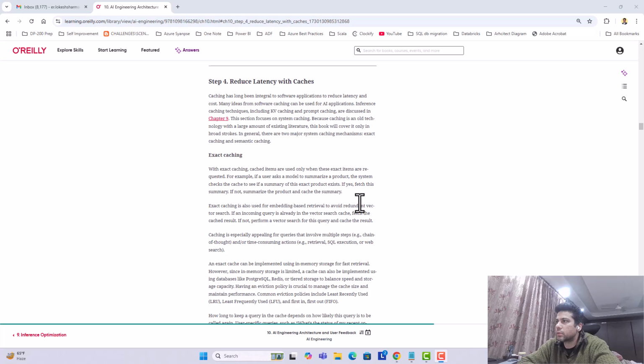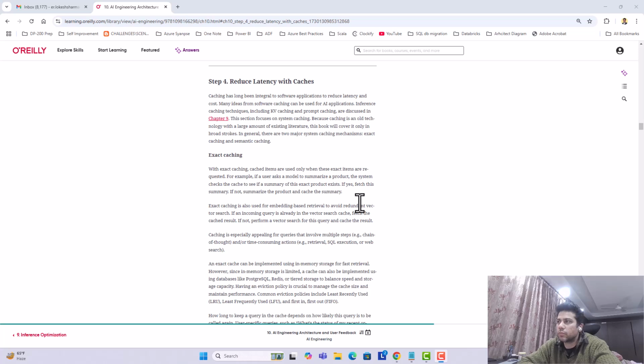So we are going to cover caching, but will not take a deeper dive because of two reasons. One is there is a dedicated chapter to this, and the other reason is caching is not a new term in Gen AI or AI applications.